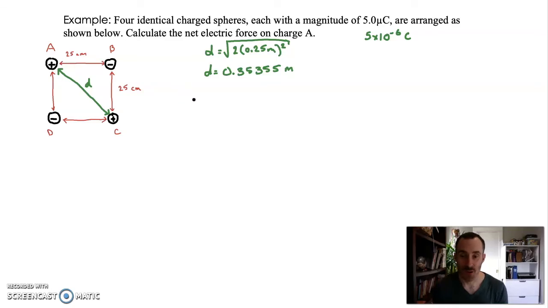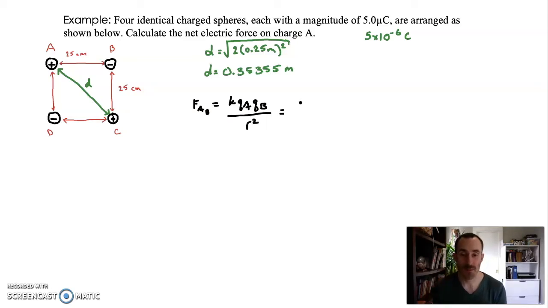Okay, so the force on A because of B is equal to K Q_A Q_B over R squared.